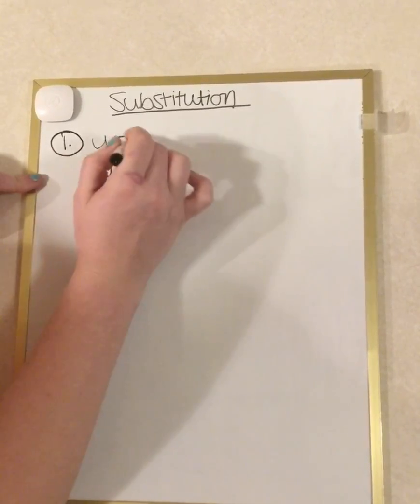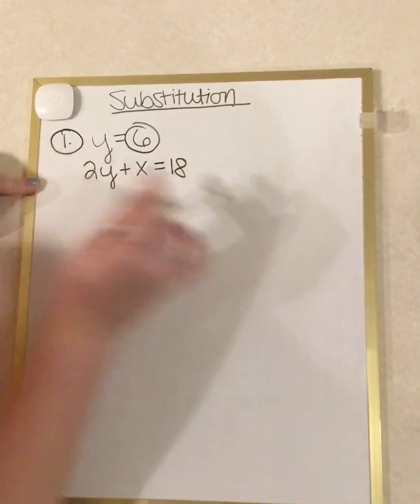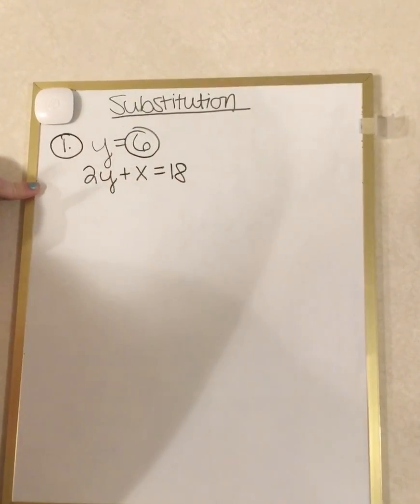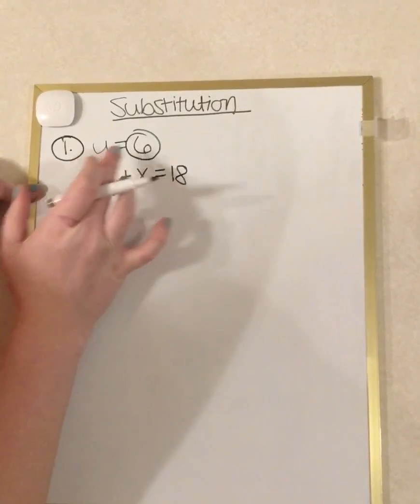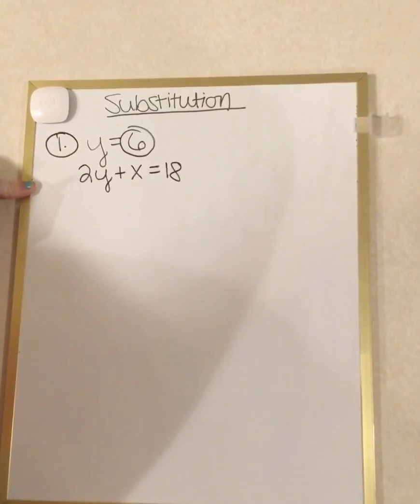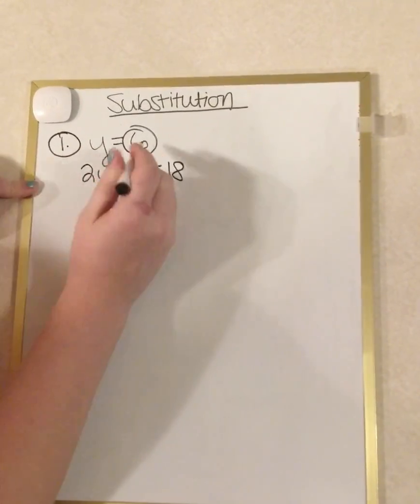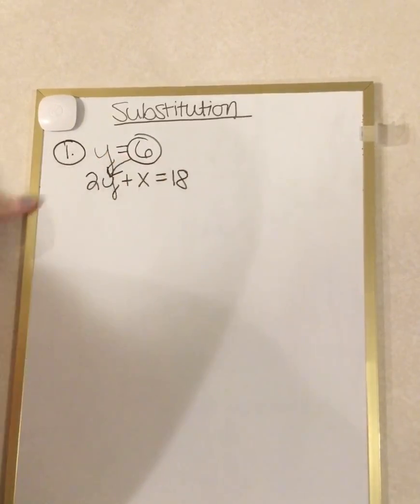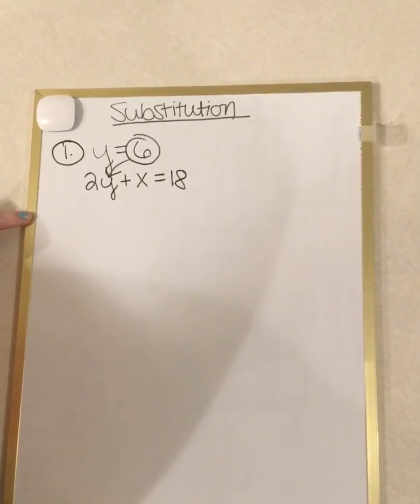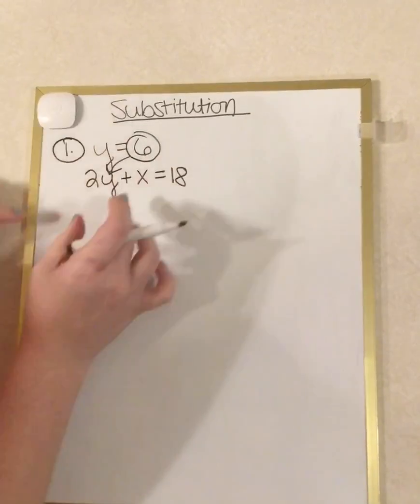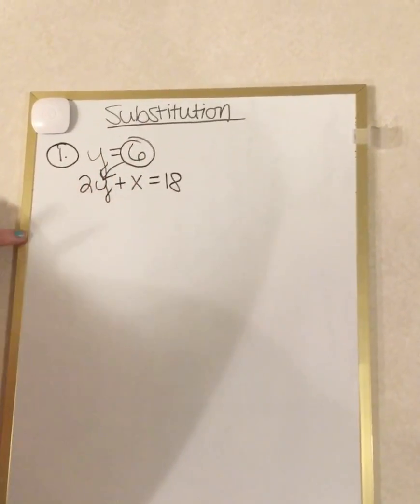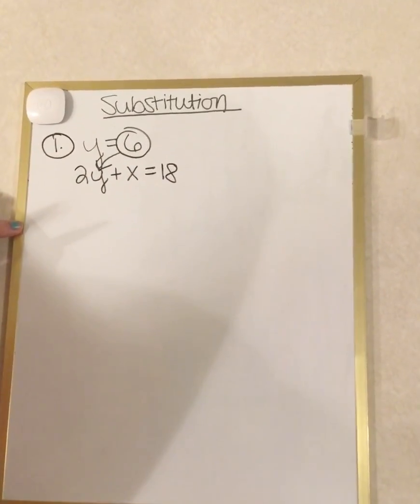The thing that it's set equal to, we're going to circle, because that tells us what we're going to substitute. If y equals 6, then I can plug in 6 for y into this other equation, and then that's my substitution. I can plug it in and then start simplifying so we can solve the problem.